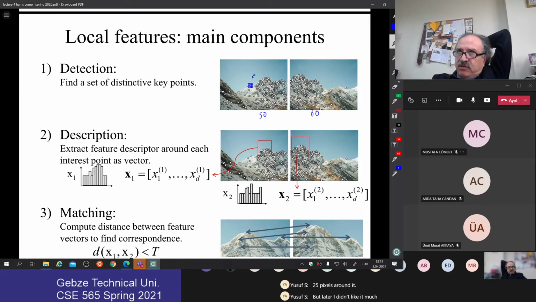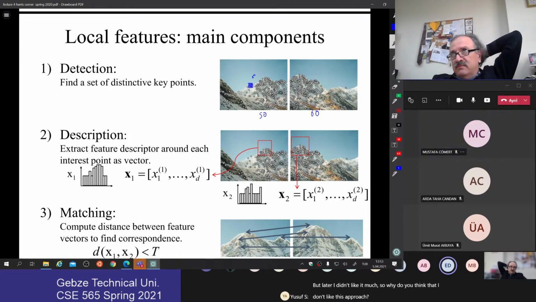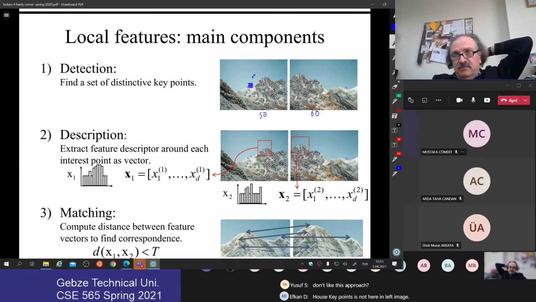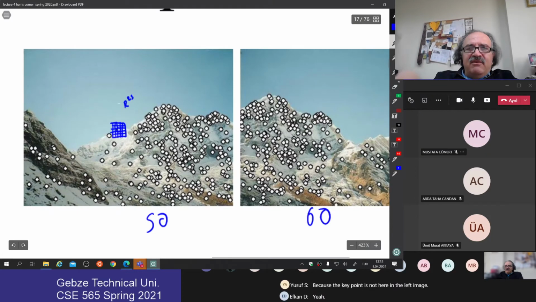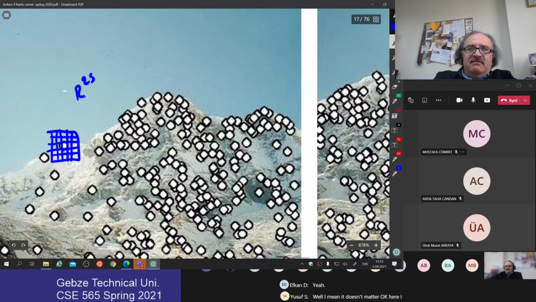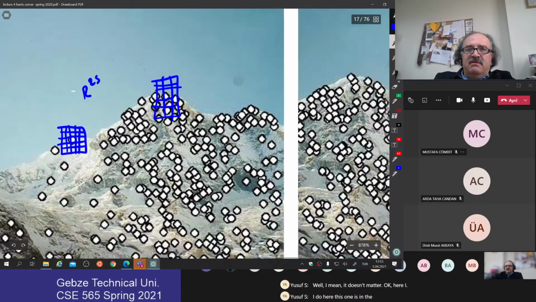So why do you think that I don't like this approach? Because the key point is not here in the left image. Yeah. Well, I mean, it doesn't matter. Okay, here, this one is in the other one.